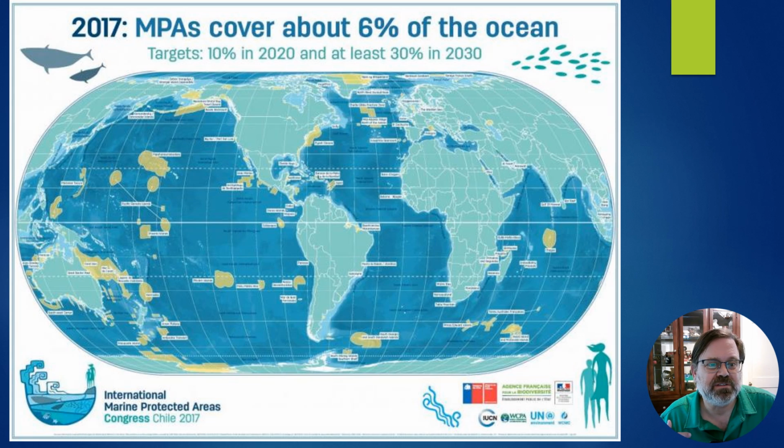In ocean systems, there are different types of habitats located in different locations, and many of these are set aside as MPAs or marine protected areas. As of 2017, these covered about 6% of the ocean. The goal is to expand this and make it a larger proportion of protected area.